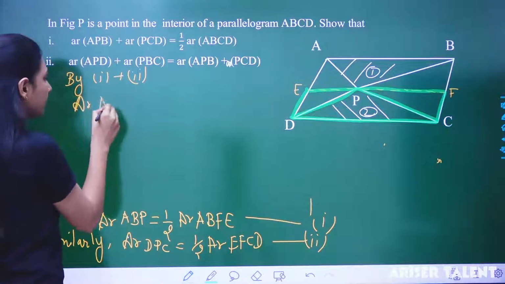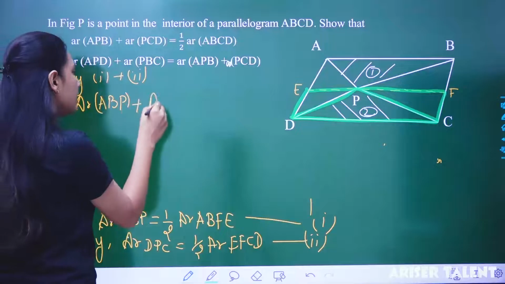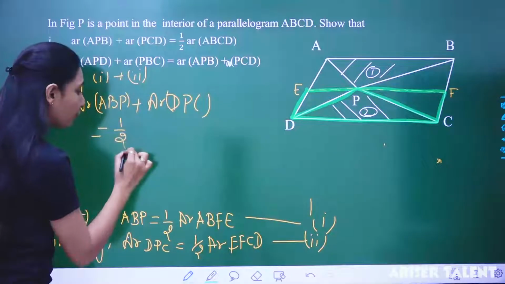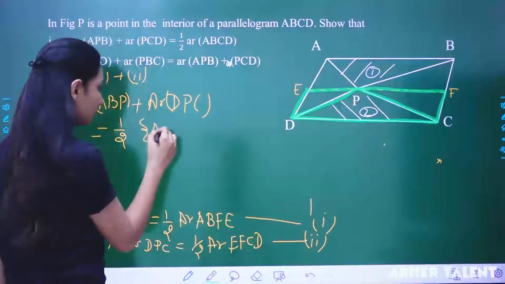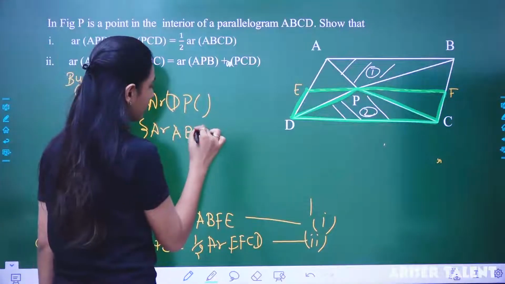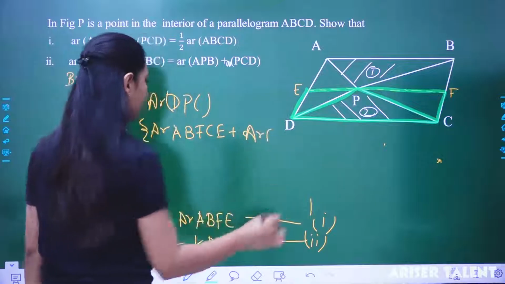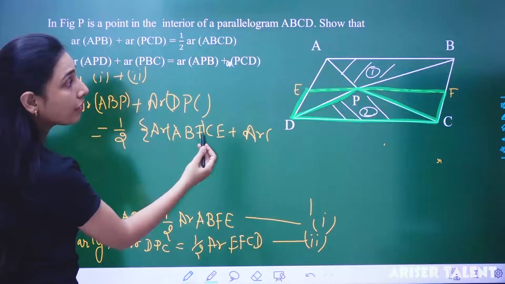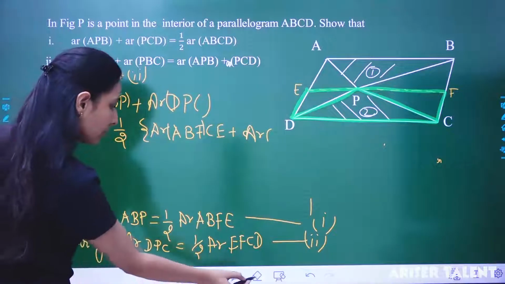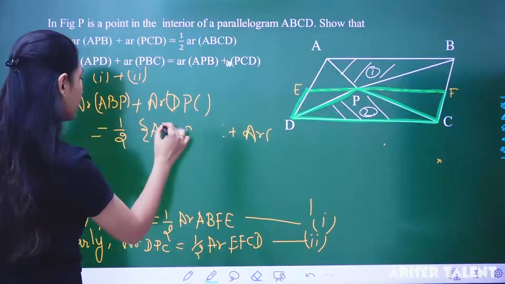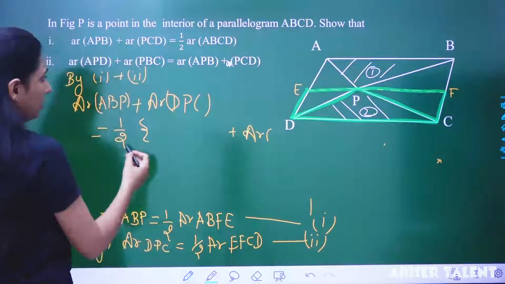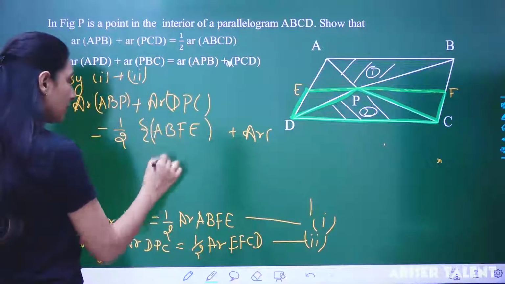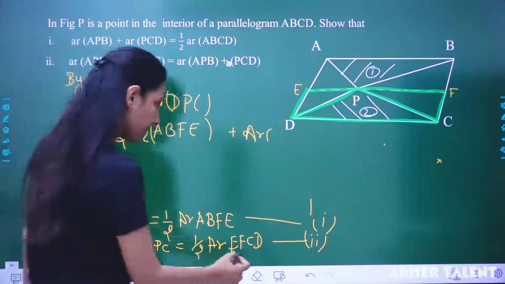Area ABP plus area DPC is equal to half of area ABFE plus half of area EFCD.